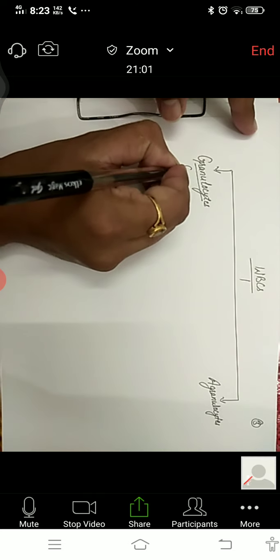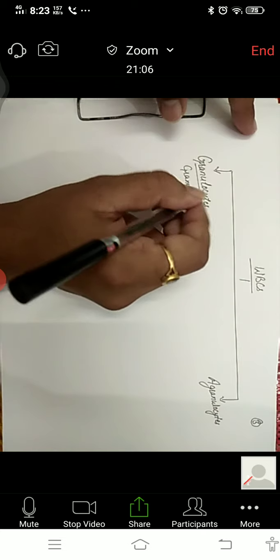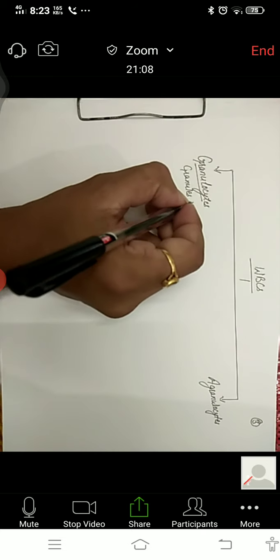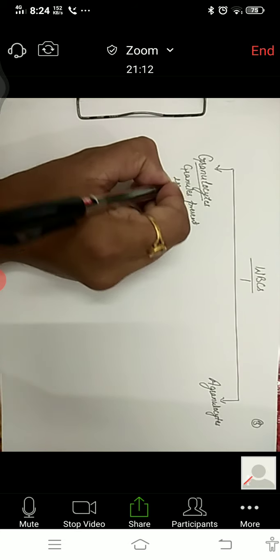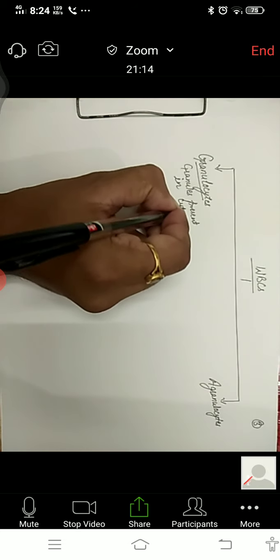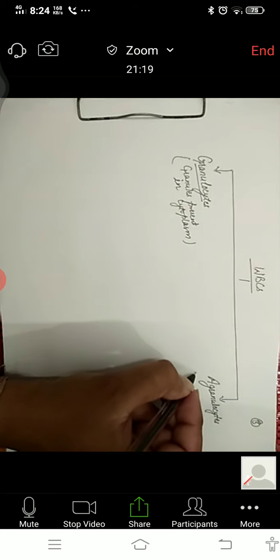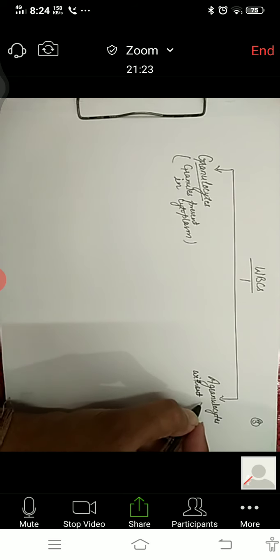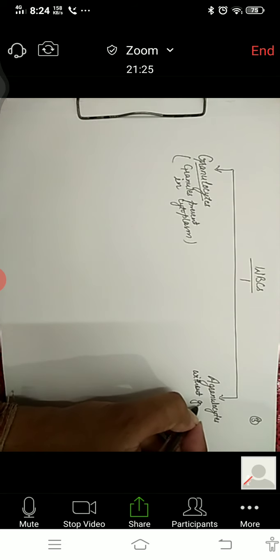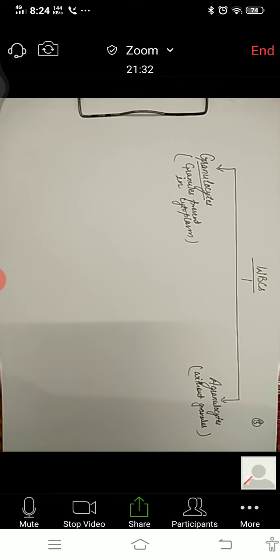Granulocytes means granules present in the cytoplasm, and agranulocytes means cytoplasm without granules.